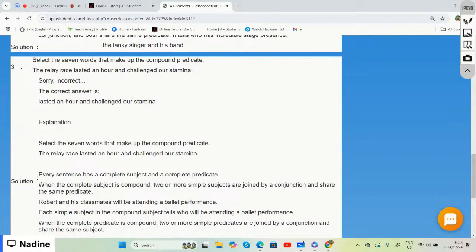The relay race lasted an hour and challenged our stamina.